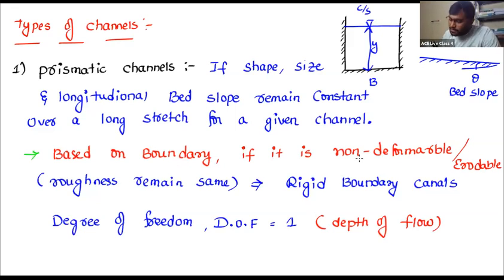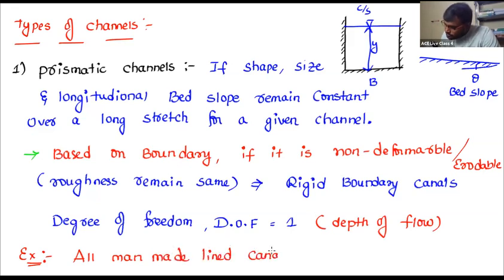So what are the examples here? All man-made lined canals and non-deformable unlined canals.